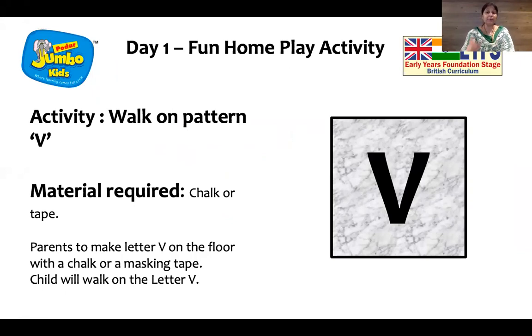Okay, the masking tape, the white color tape. And after you draw or you write letter V, you are going to walk on letter V. Okay, so the pattern teacher had shown you how to write letter V, the same way you are going to walk on the letter V. And I'm sure you are going to have fun doing this activity.